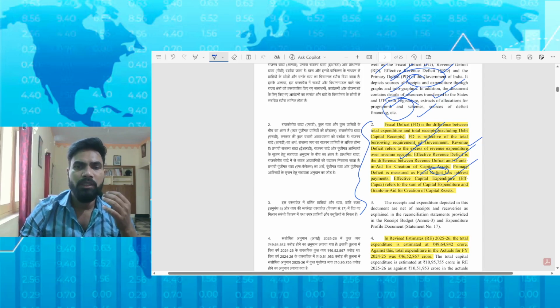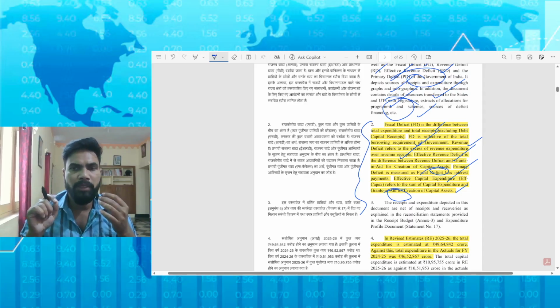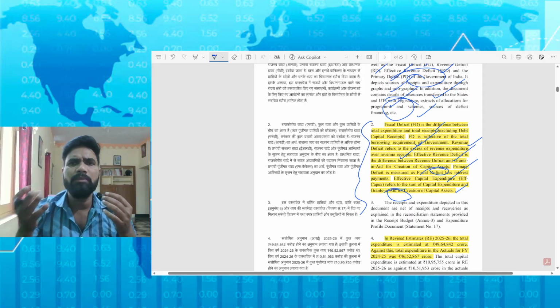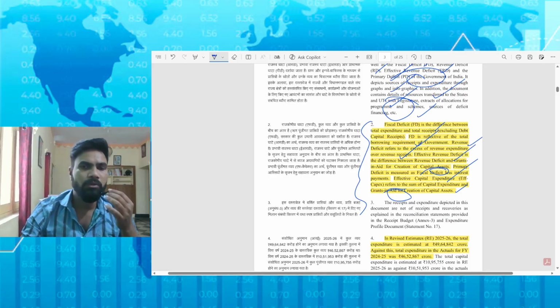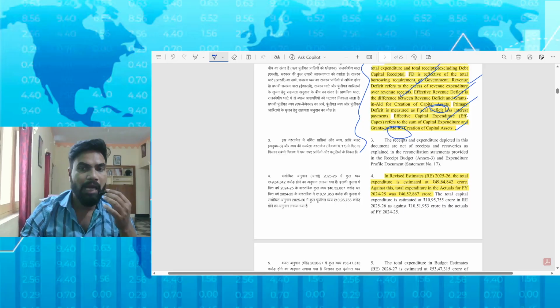That refers to the sum of capital expenditure and grants in aid for creation of capital assets. So effective capital expenditure is similar to effective revenue deficit; both are a little bit similar. These are the definitions you have to remember very carefully. Many times they have been asked in the exam, and in future also they might be asked once again.